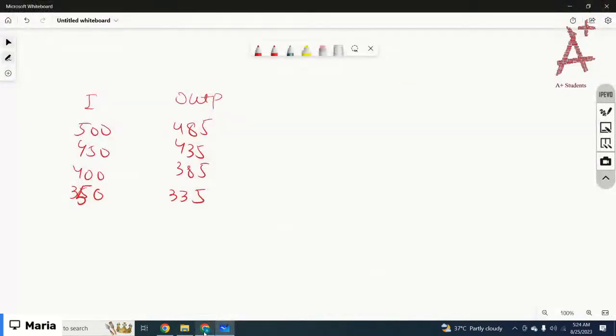Yes. Basically, the relationship between the input and output is that for every input value, the output value is 15 less than the input value. You can see 500 minus 15, 450 minus 15, 400 minus 15, and 350 minus 15. So that means each output value is 15 less than the input value. You can say it is n minus 15, right?